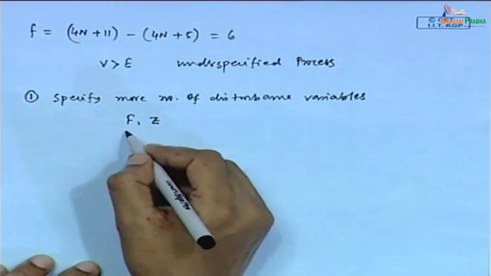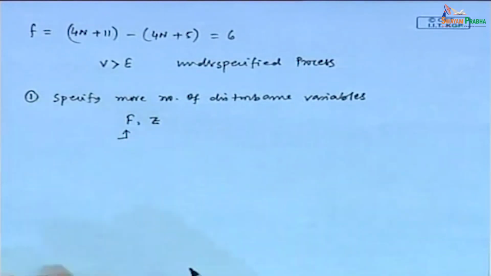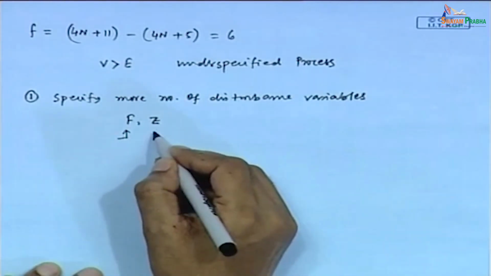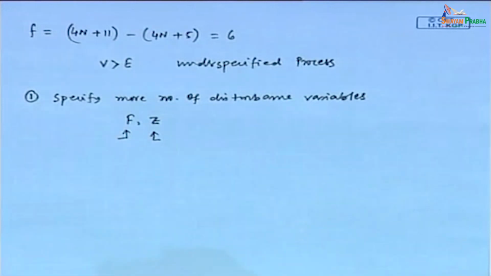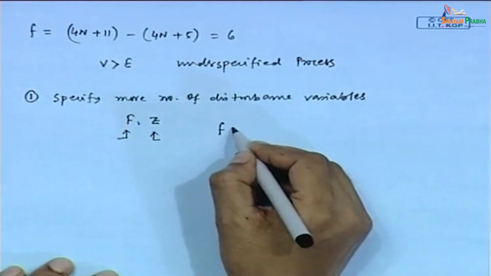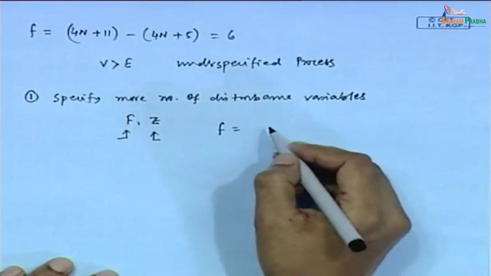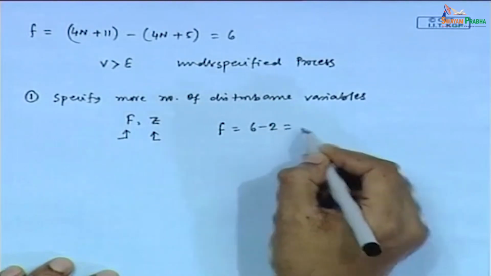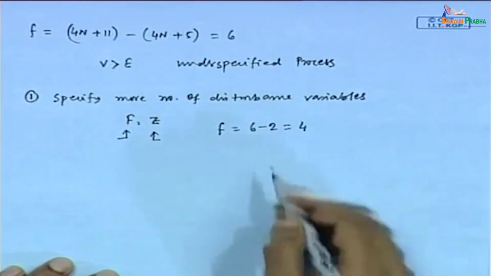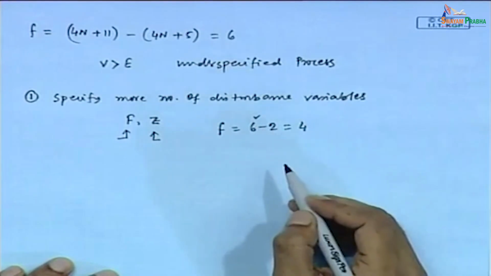We can measure this feed flow rate using a flow meter. Then we have the feed flow rate information. We can measure this feed composition by any chromatographic analyzer. Then we have the composition information. If that is the case, then F reduces to 4. Previously F was 6.